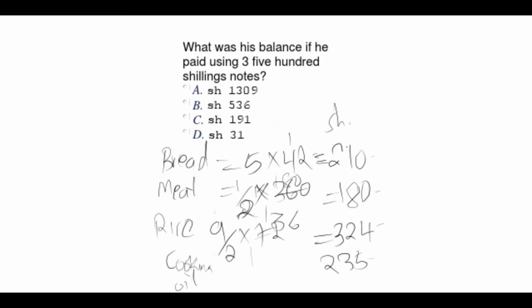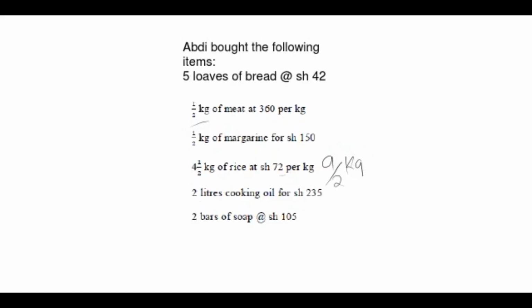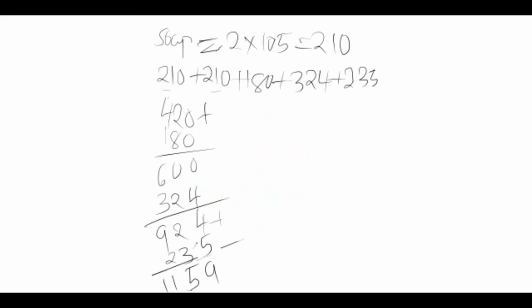Actually, we forgot the price for margarine. We are going to add the price for margarine: half a kg of margarine for 150 shillings. So we have 1159, then we add the price of margarine, which is 150.